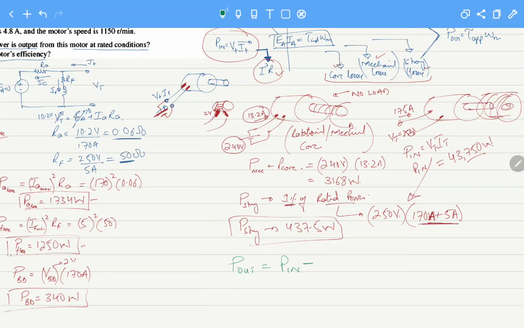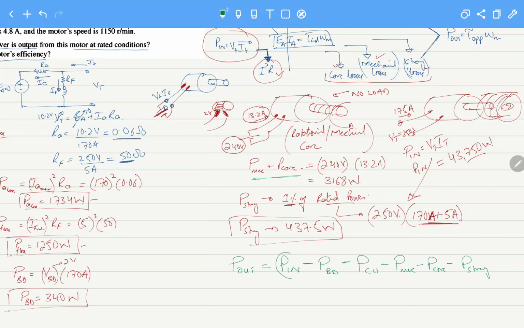We have the brush drop losses, all the copper losses, the P mechanical and the core loss, and we have the stray loss.